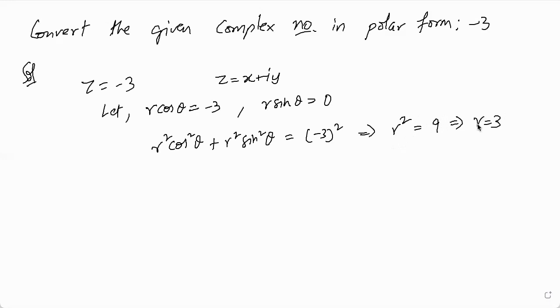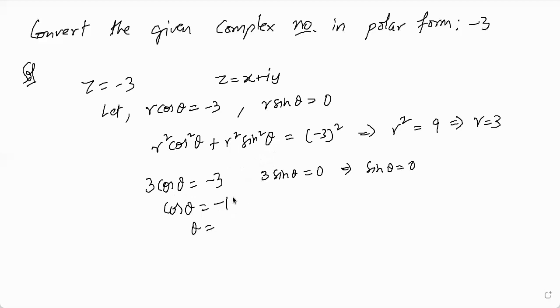Now, since we got r as 3, 3 cos theta is equal to minus 3, and 3 sin theta is equal to 0, or sin theta is 0. This cos theta will be minus 1, or theta is pi.